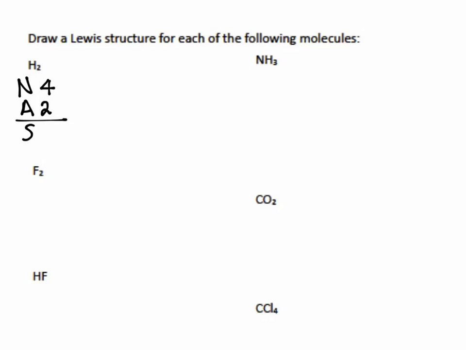So we subtract that and we get 2 electrons are going to be shared. When we share it among 2, that means we are going to get 1 bond. So then you draw hydrogen, hydrogen, draw our 1 bond, make sure we have all of our electrons, our 2 electrons, and we do. That's it.